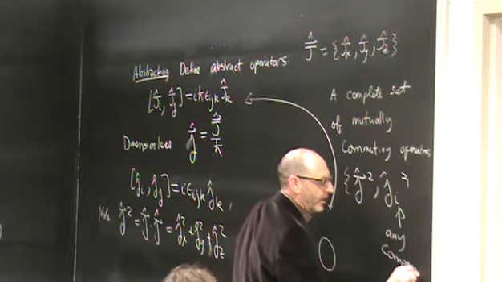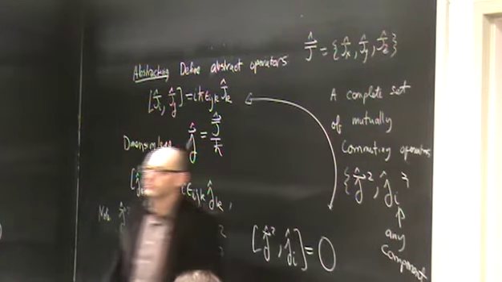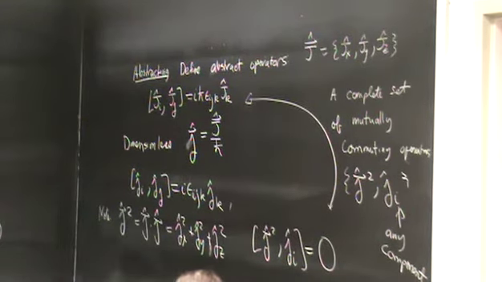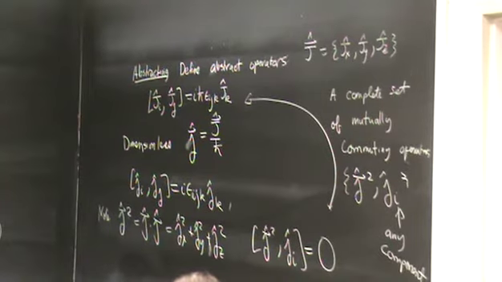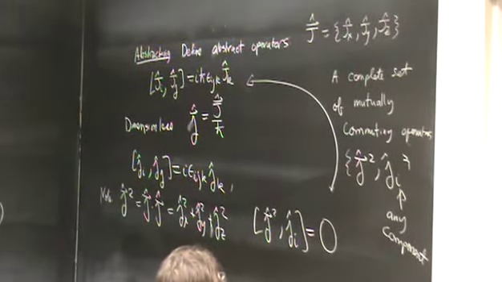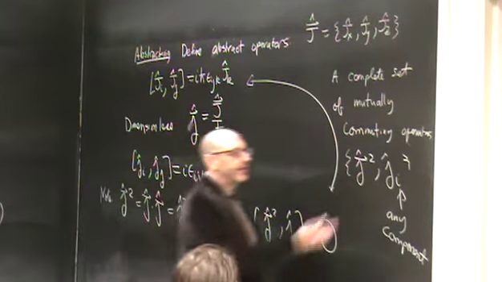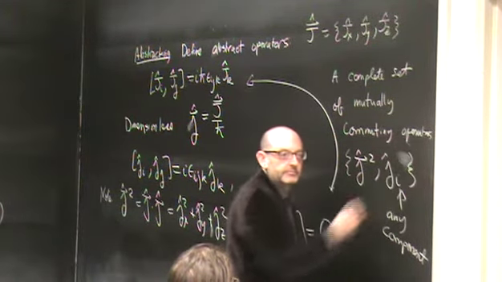But not more than one of them. Okay? Could be the x direction, could be the y direction, it could be the z direction. We typically choose the z direction.